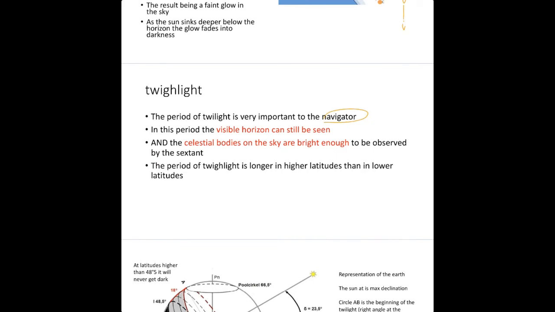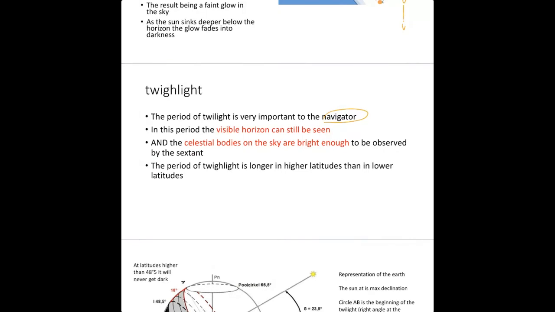If we want to do observations, we need to see a visible horizon because we want to measure the altitude of the celestial bodies. So during the twilight, the visible horizon can still be seen, but the celestial bodies in the sky are already bright enough to be observed by the sextant.